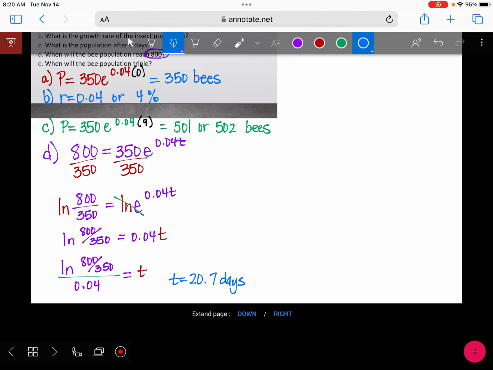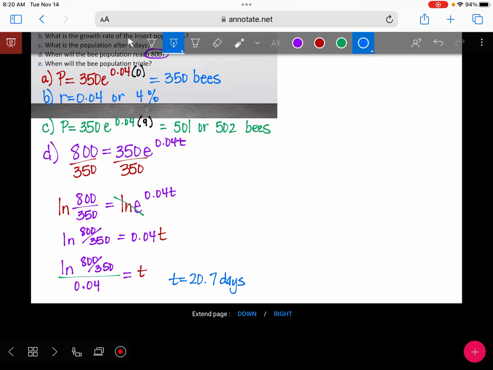So you can have half of a day. Time can be a decimal. But if I'm talking about a population, that's a whole number. So I wouldn't say I have 15 and a half students. That doesn't make sense. But I can say that in 15 and a half hours, so you just got to think about the context.